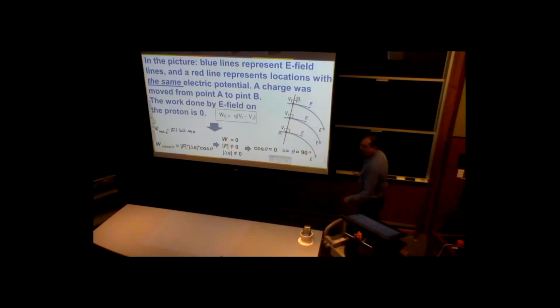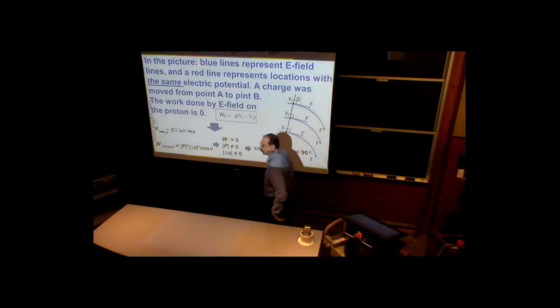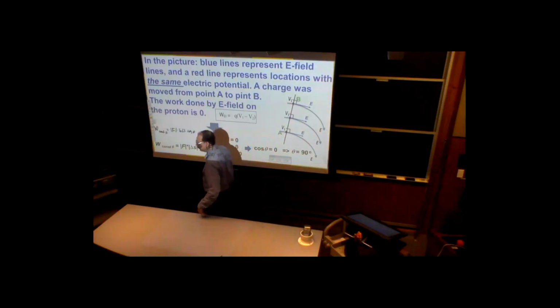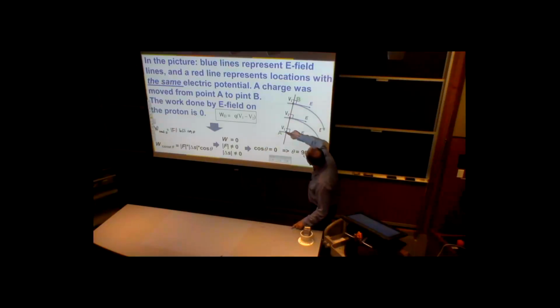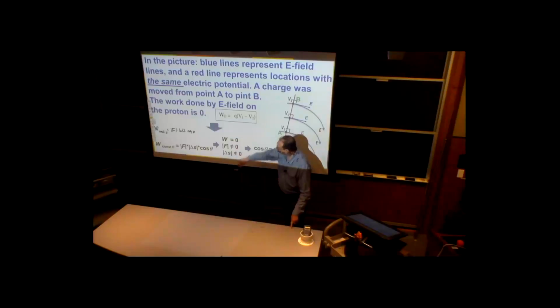This is how we were able to calculate work done by a force in mechanics, PHY 105, product of three variables. Now we know that if we move a charge along an equipotential, potential doesn't change, there is no potential difference, work must be zero.